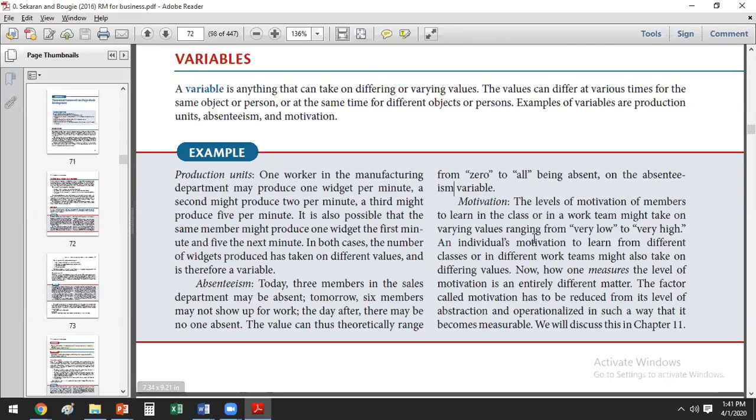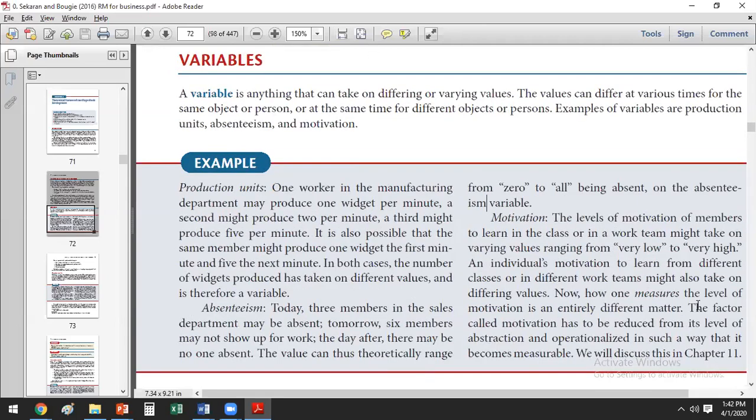Let's read the second example and third example so that I move on. Hurry up. Everybody read the absenteeism and motivation so that we move on.